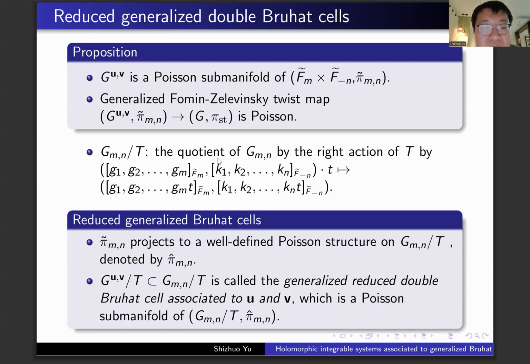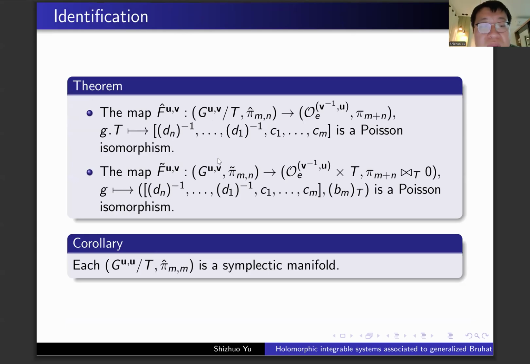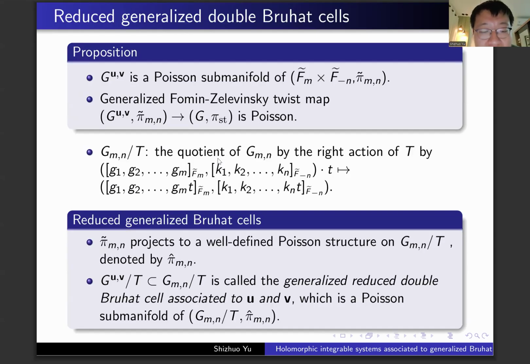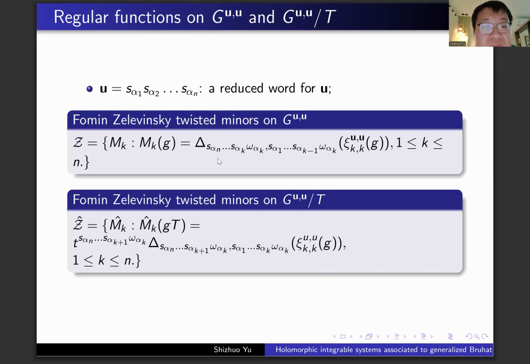So this also uses some Poisson geometry techniques, and lastly we will introduce the construction of the Fomin-Zelevinsky twisted maps. The construction is similar to the Fomin-Zelevinsky one, just generalizing the formulas of the twisted maps.